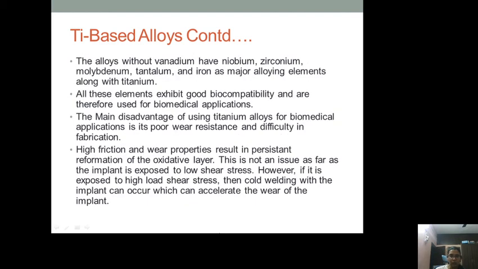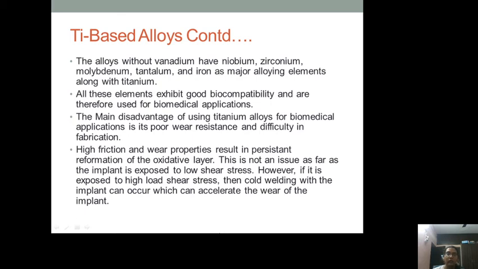So let us see a few alloys. Instead of vanadium, alloys with niobium, zirconium, molybdenum, and tantalum, as well as iron, have been used along with titanium to form titanium-based alloys that have good biocompatibility and are suitable for biomedical applications.